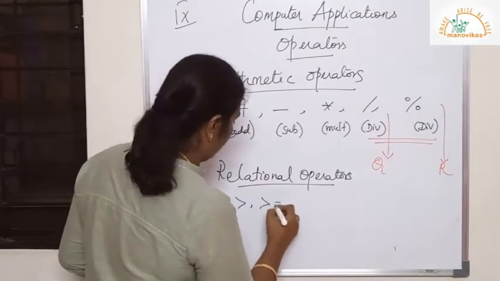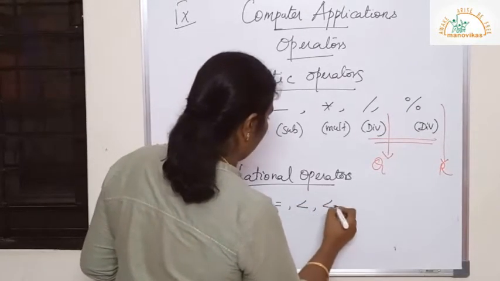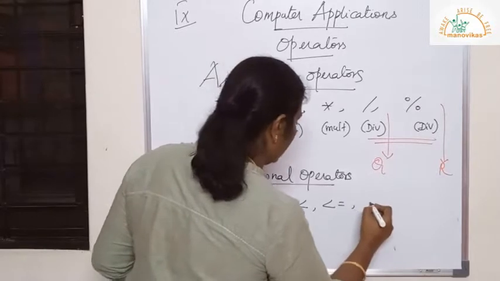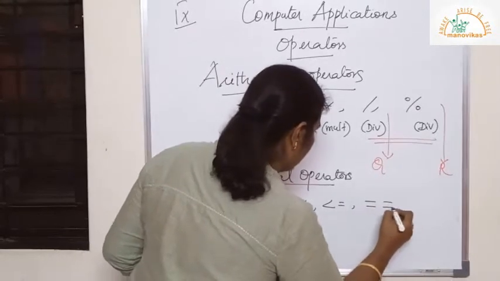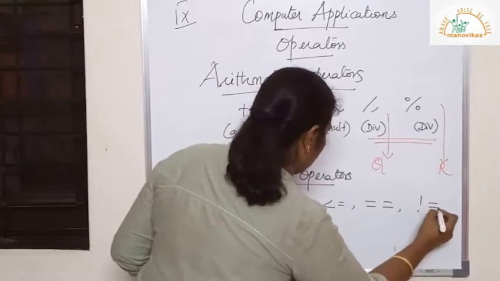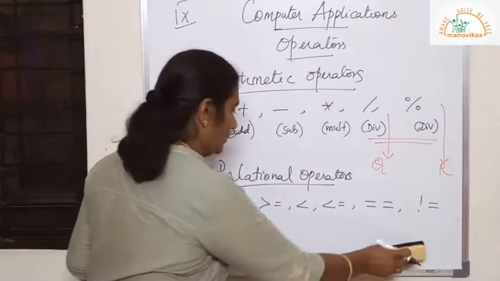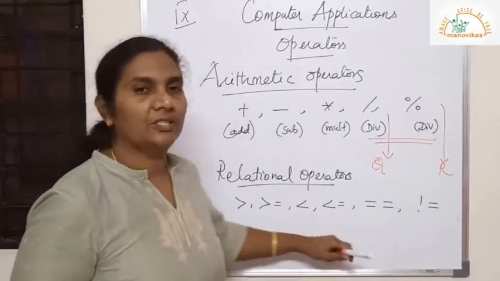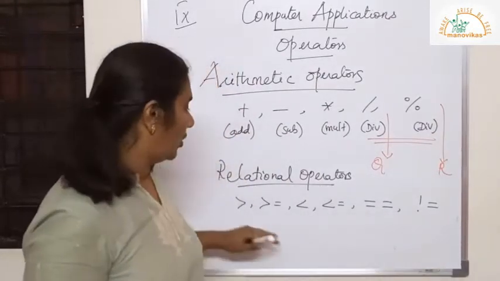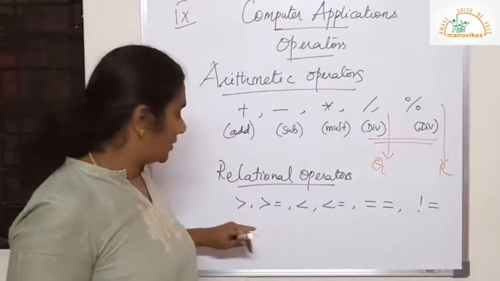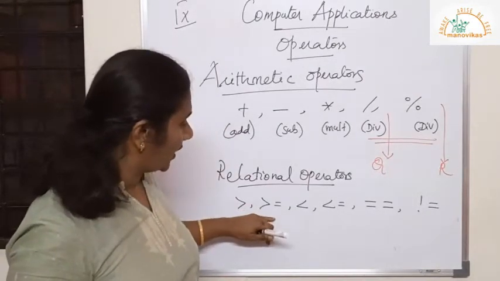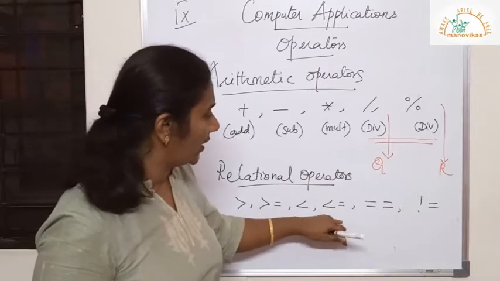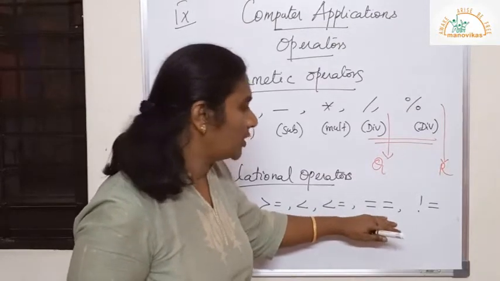These are the different relational operators, and this is greater than or equal to, less than or equal to, equal to.